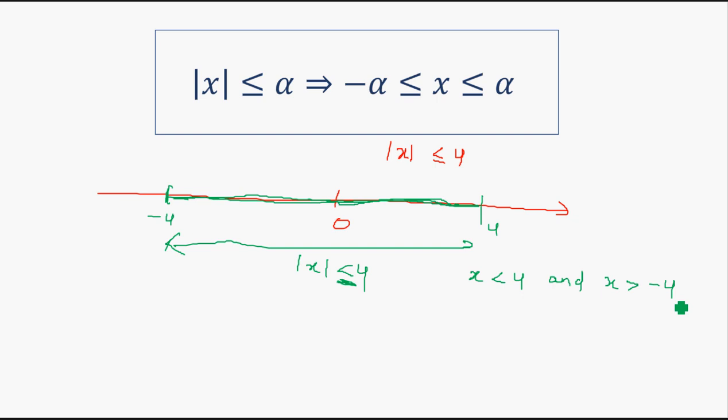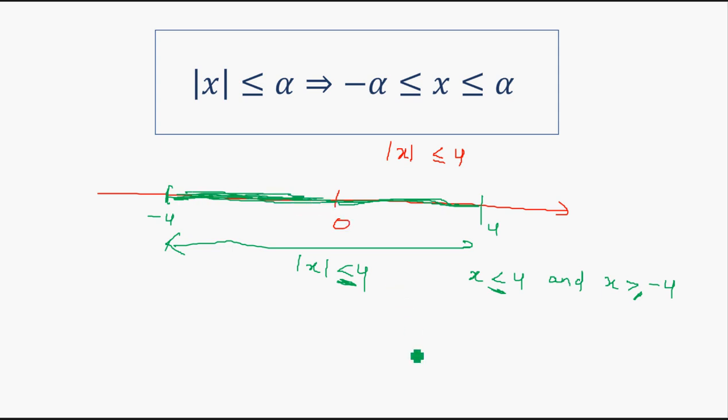Okay, so all numbers less than or equal to 4, maybe x, right? So all numbers that are greater than minus 4. So basically this region is all numbers that are greater than minus 4, right?